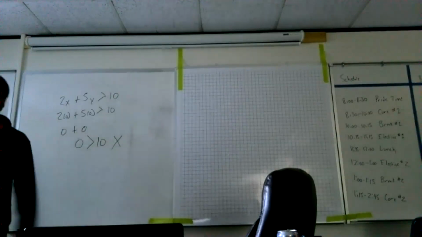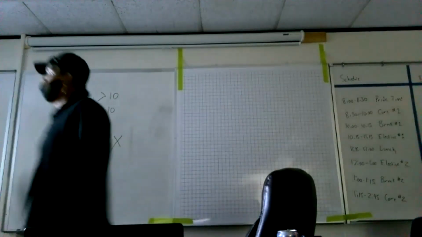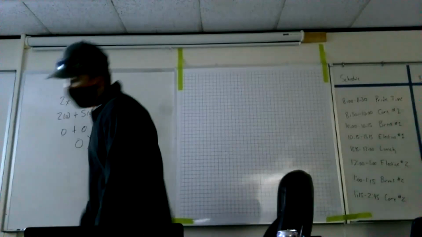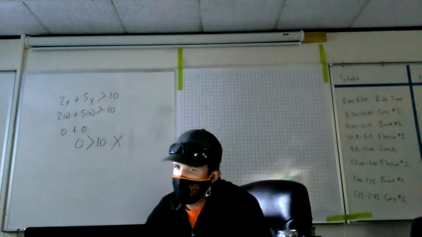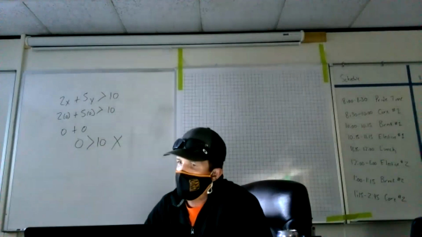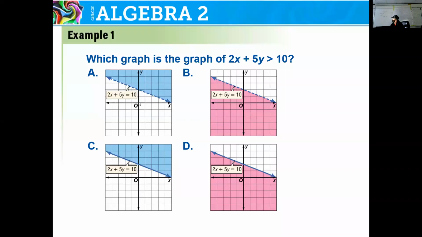It's a false statement. So looking between graphs A and B, I'm looking for the shaded region that does not encompass the origin, which will correspond to graph A.